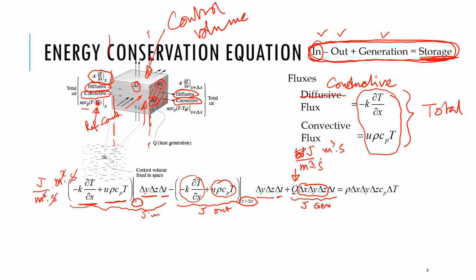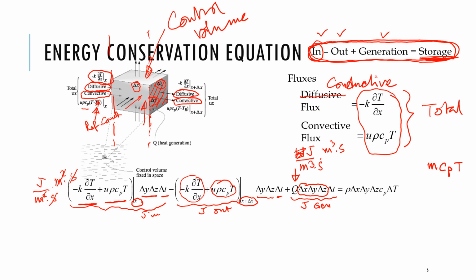So change in storage is simply measured by the change in temperature. The heat content of a mass is m Cp T, mass times specific heat times the temperature.